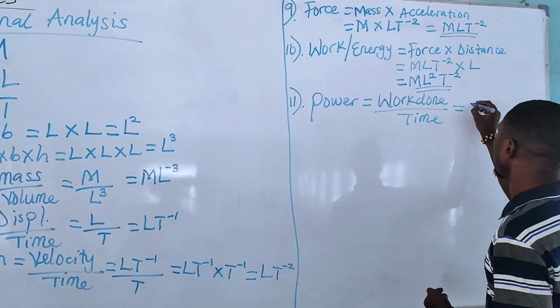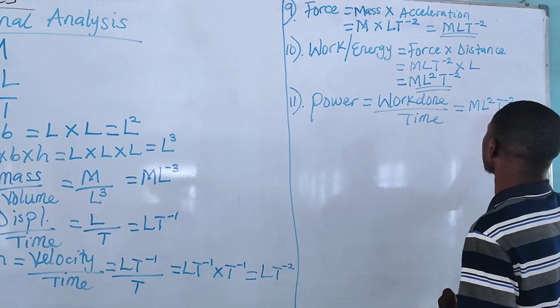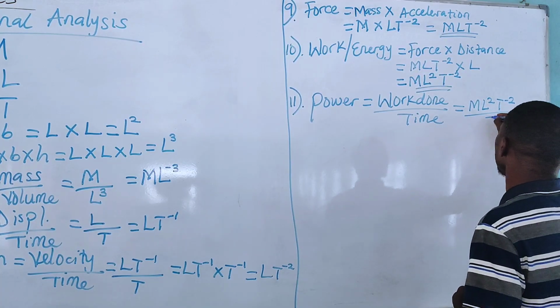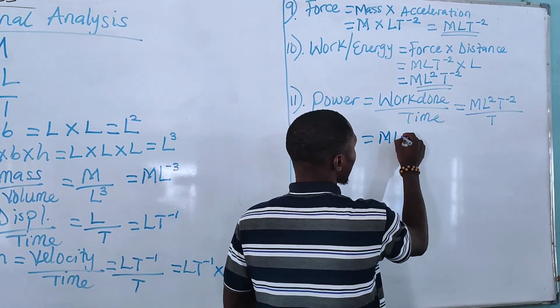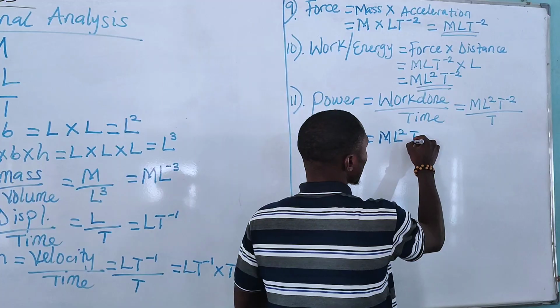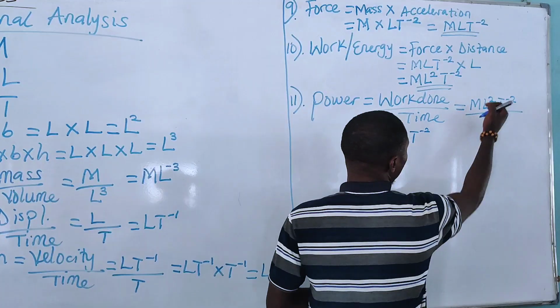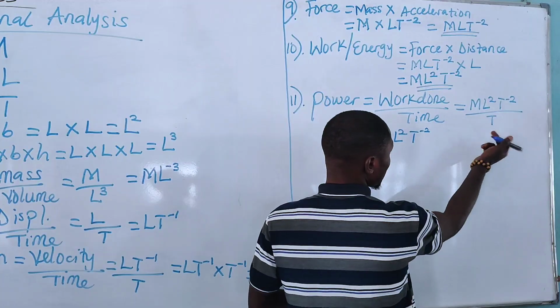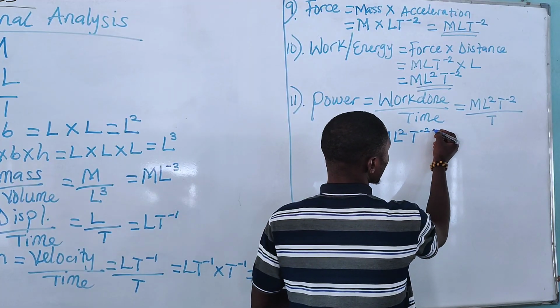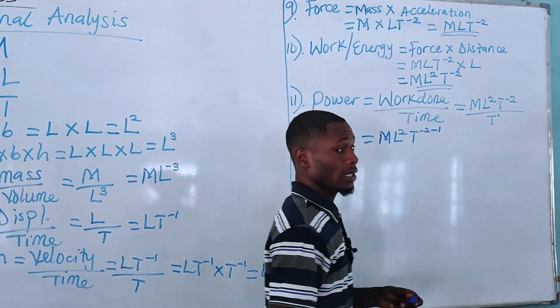Work done we already know is M L squared T to the power minus 2, over time, which is T. Remember, when this T goes up, from indices we can take it as minus 2 minus 1, since the power of T here is 1.